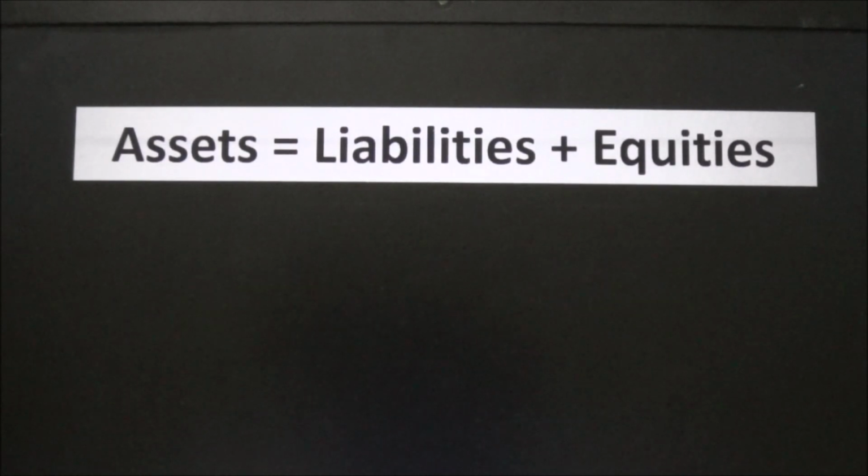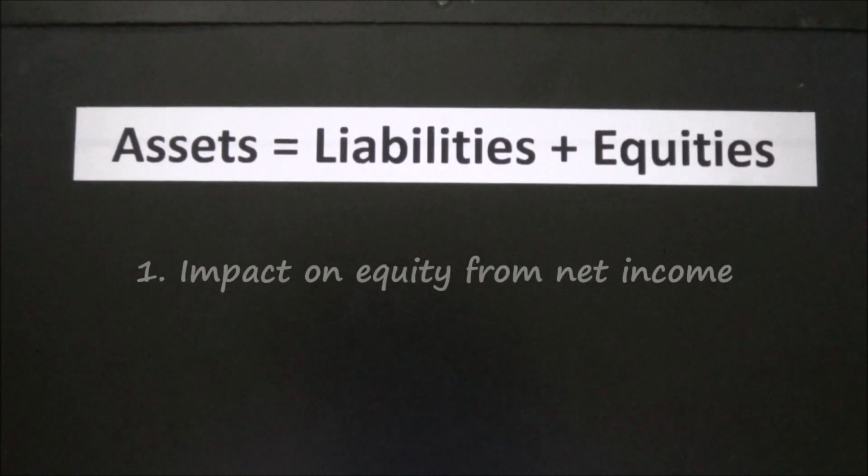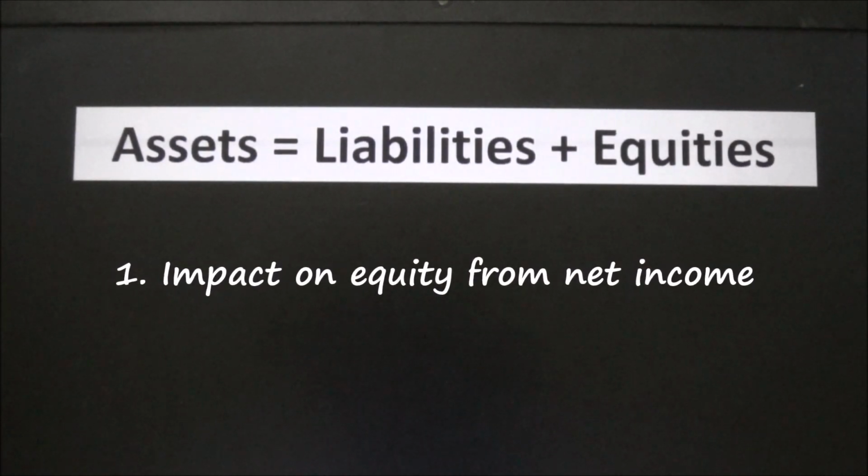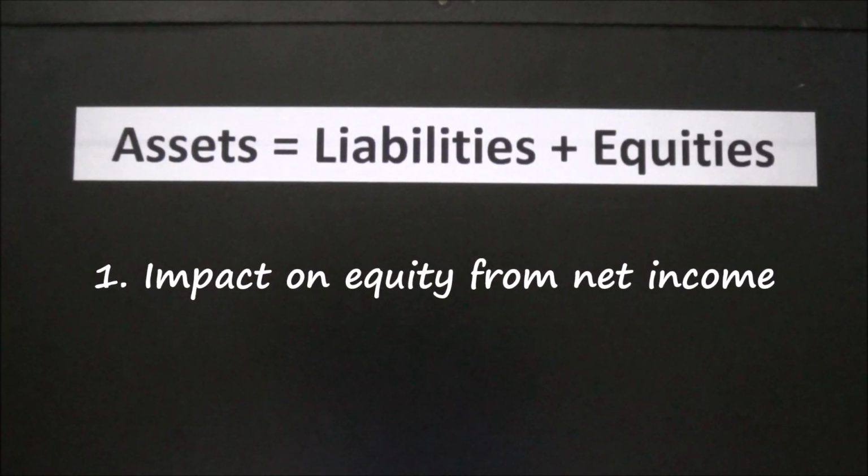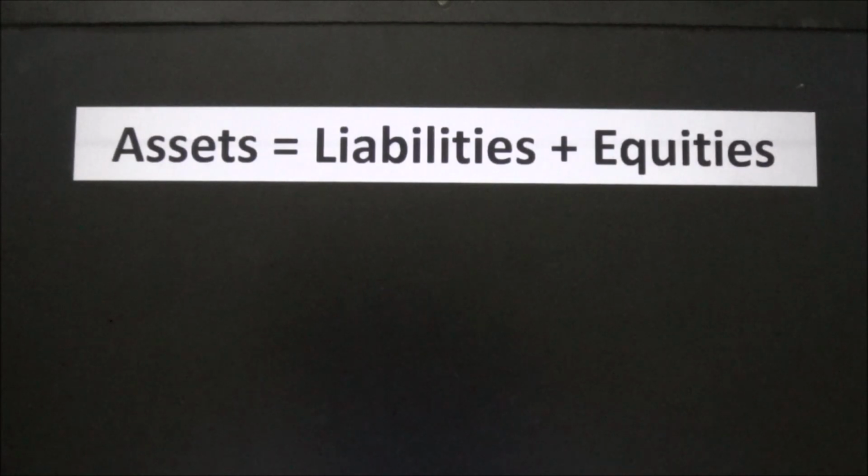From the simple accounting equation, we can expand the accounting equation to allow us to see two things separately. The first one is the impact on equity from net income, like the increase by revenues or the decrease by expenses.